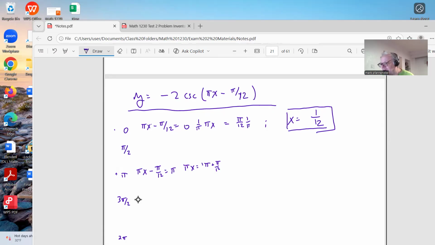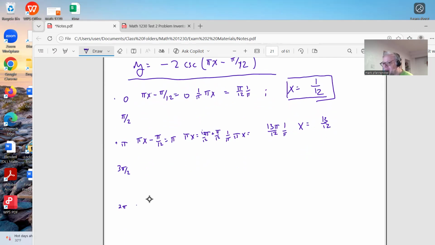Here we have to get common denominators, so we have 12 pi over 12 plus 1 pi over 12. So pi x equals 12 plus 1, which is 13 pi all over 12. Now the last thing we do is divide both sides by pi, so x equals 13 twelfths. We just multiply by 1 over pi on both sides, and that cancels my pi.